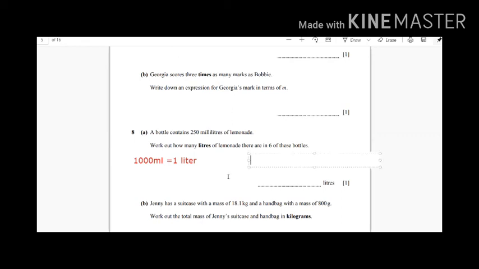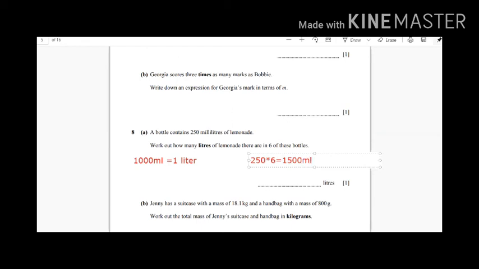So you will write here 250 times 6 equals, what's the answer? Wait, I'm doing it. 1,500. So this is 1,500 ml.